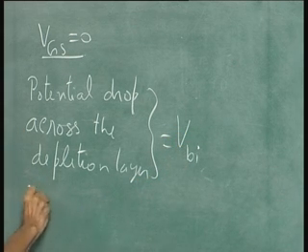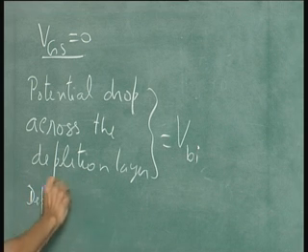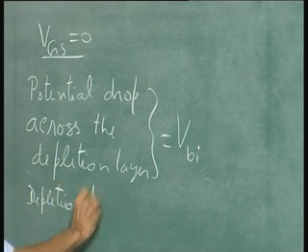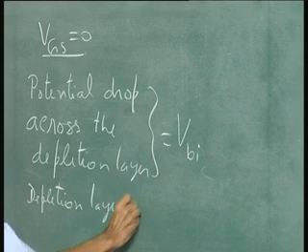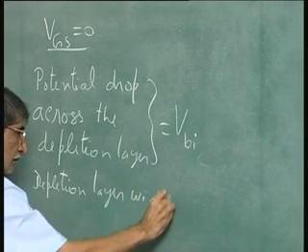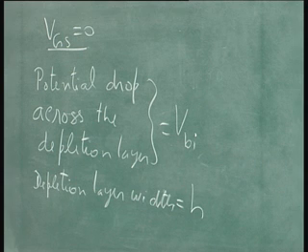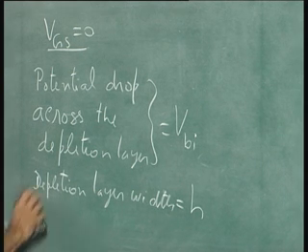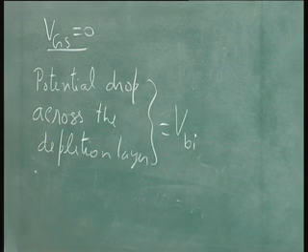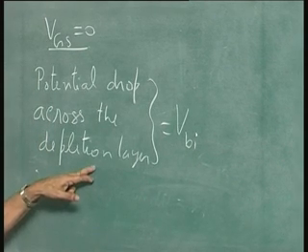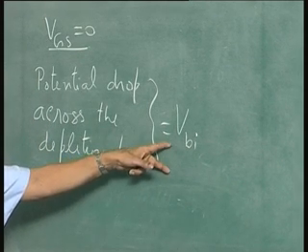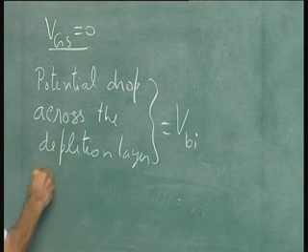Depletion layer width is H. Let us just remove that VBI. There is a depletion layer width.